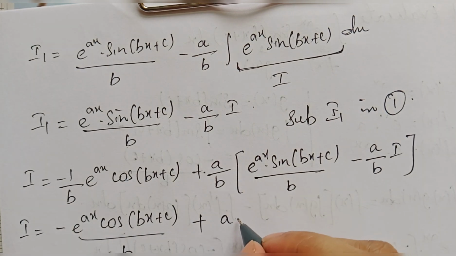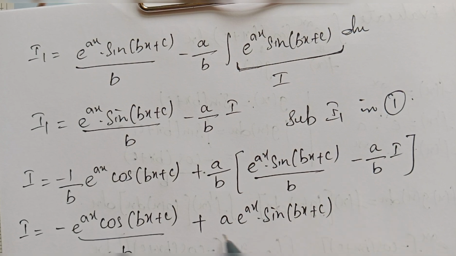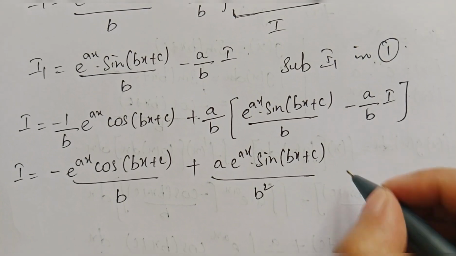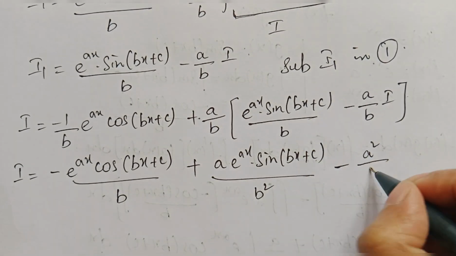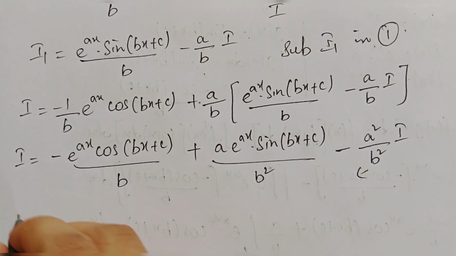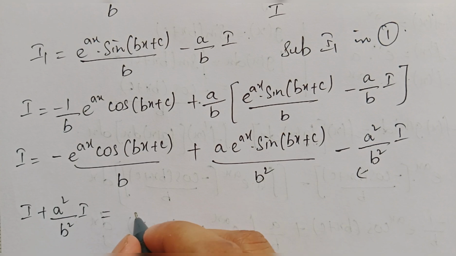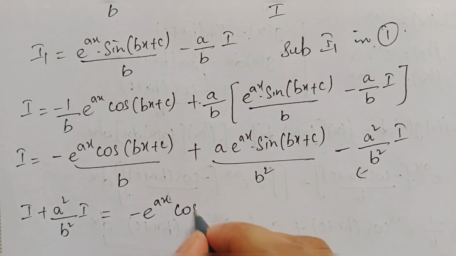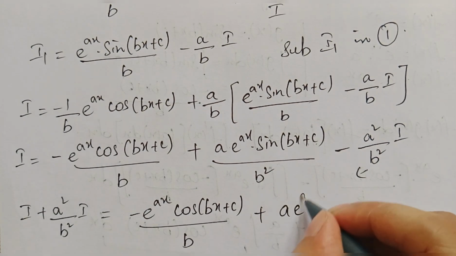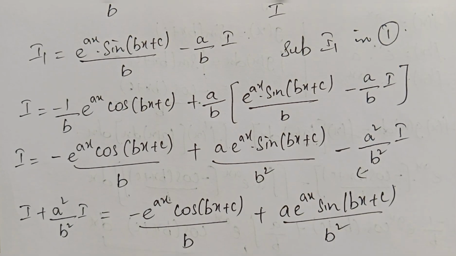I is equal to minus e^(ax) cos(bx + c) by b plus a multiplied, so it is a into e^(ax) sin(bx + c) by b into b, which is b squared, minus a into a is a squared by b into b is b squared, I. We'll transpose this term to that side, so it is I plus a squared by b squared into I is equal to minus e^(ax) cos(bx + c) by b plus a e^(ax) sin(bx + c) by b squared.